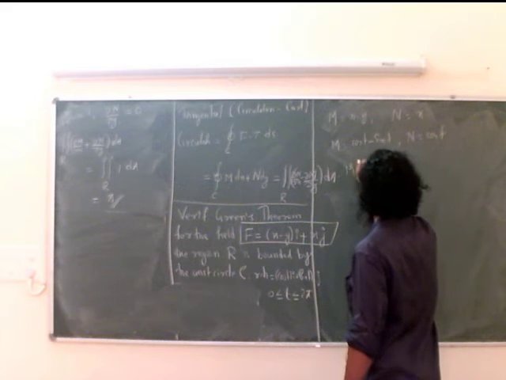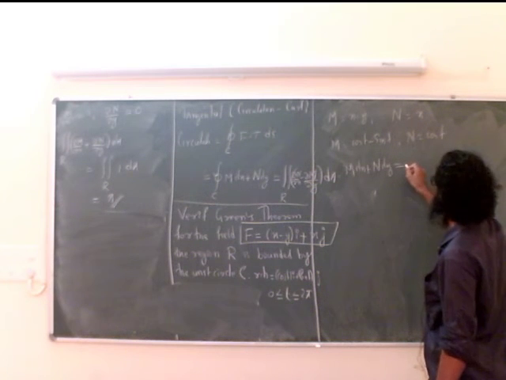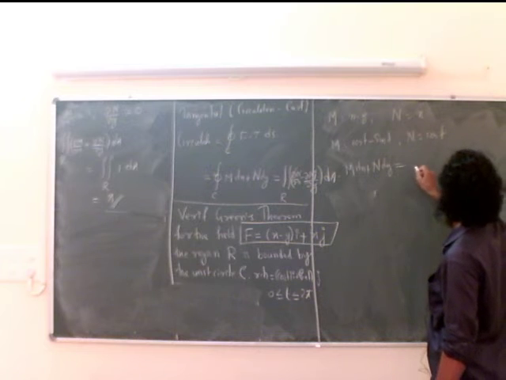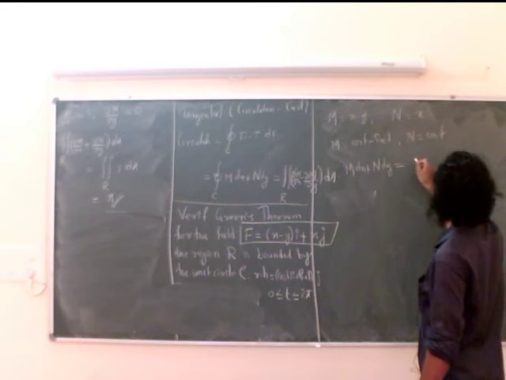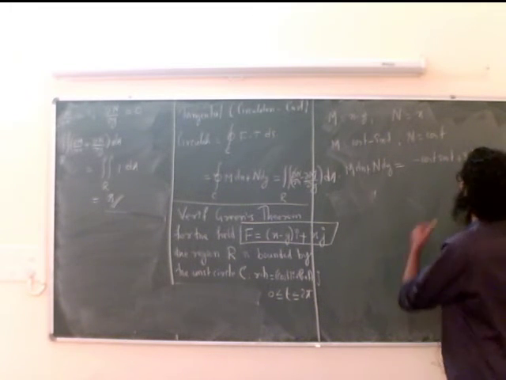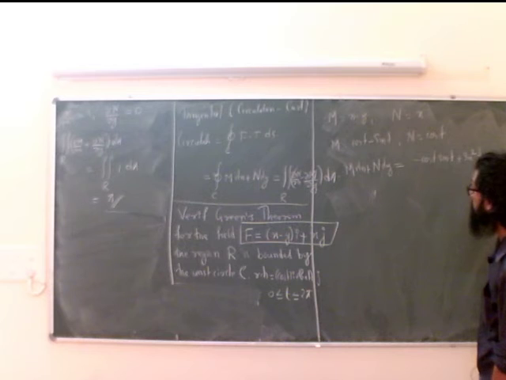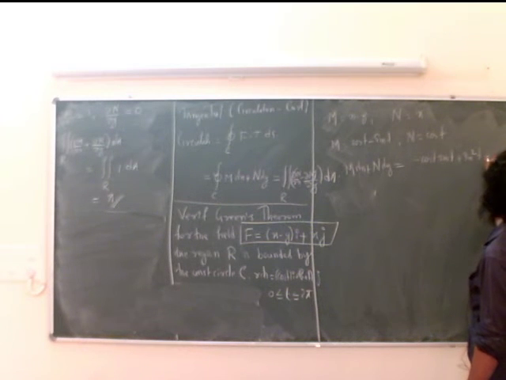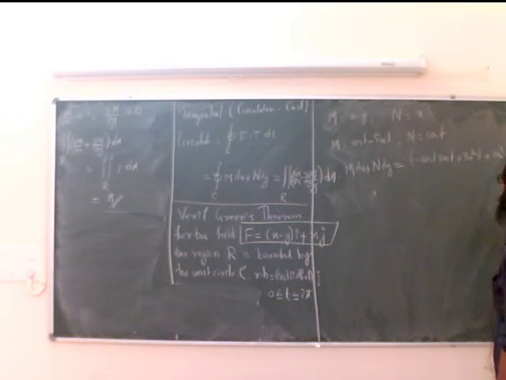Therefore m dx plus n dy: I have dx equal to minus sin t, so m dx is minus cos t sin t plus sin square t, and my dy is cos t dt, so plus cos square t dt.